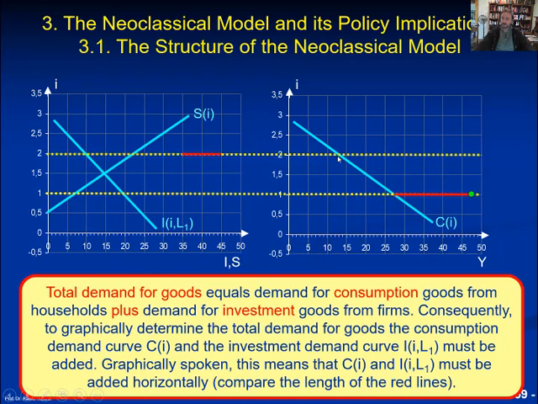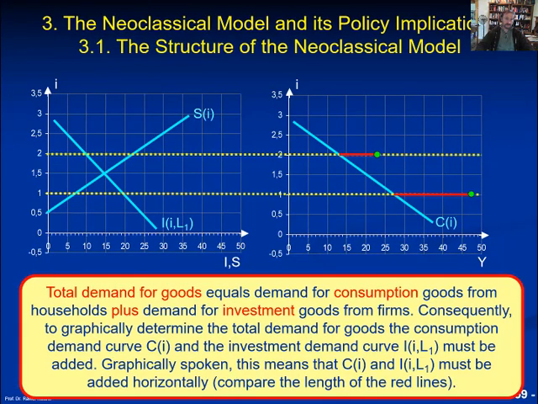So let's shift this line segment to this point here, and let me note that this green point is now total demand for goods at an interest rate of 2%. In this way we have now received two green points, this one and this one, which both lie on the total demand curve for goods.